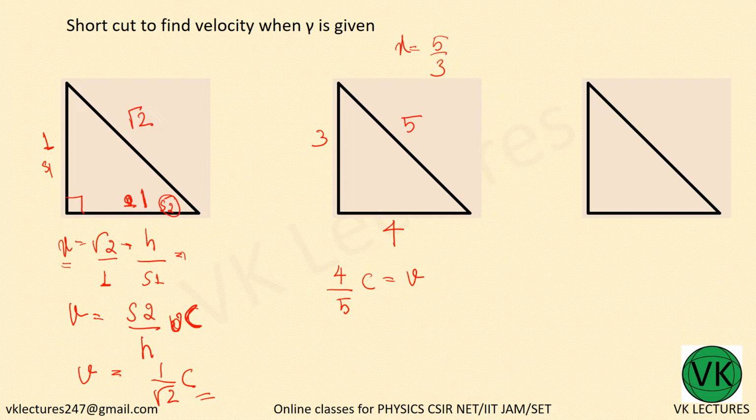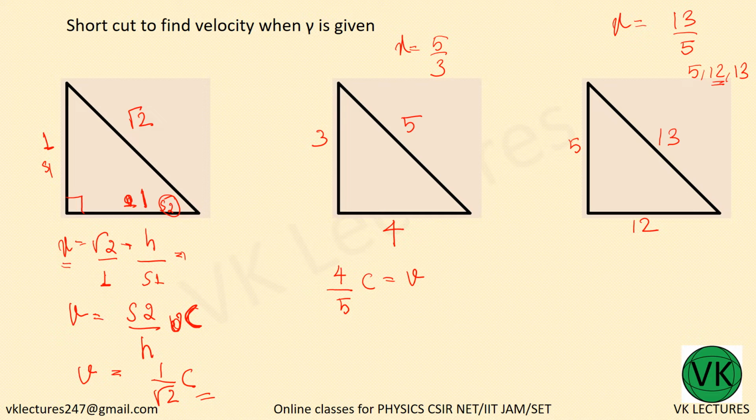Another example you can take: gamma is equal to 13 divided by 5. Again we know 5, 12 and 13 is a Pythagorean triplet. So what is the other side left? That is 12. So this is 13, this is 5, this should be 12.